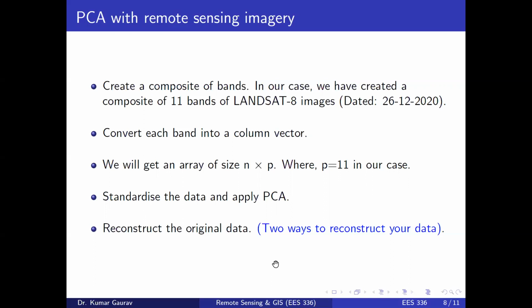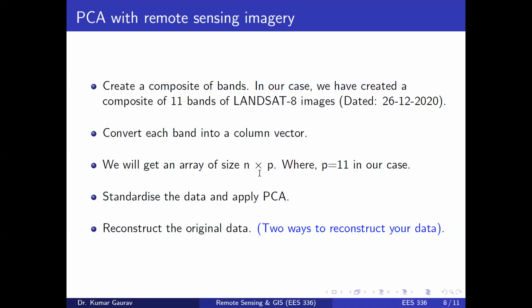After making a composite of all these 11 bands, each band is a matrix. And what we actually did is convert each matrix into a vector. So n is the row and p is the column of that image.